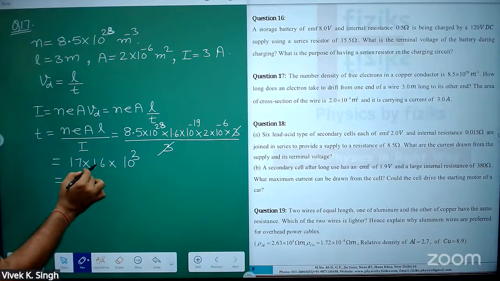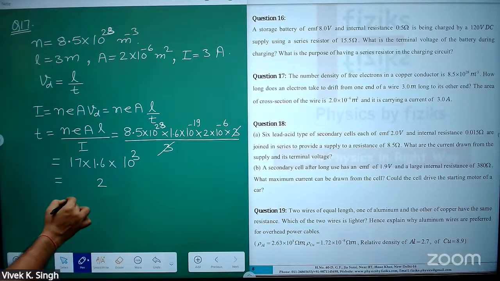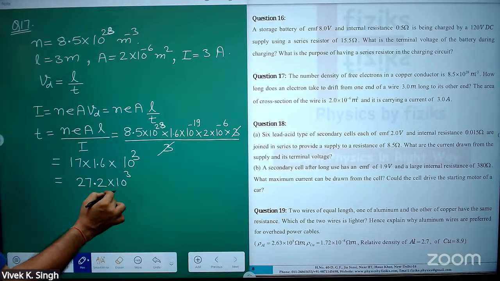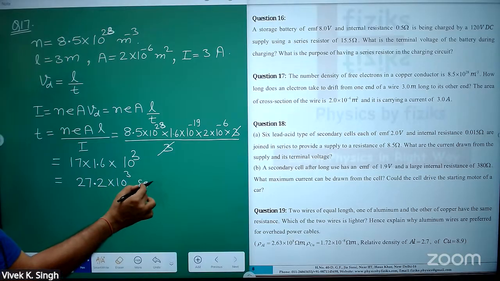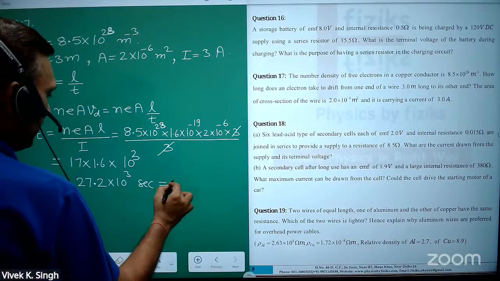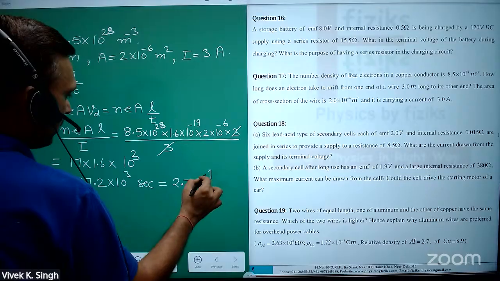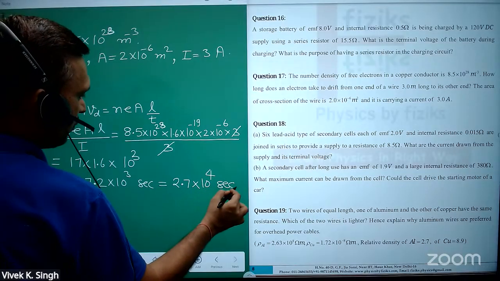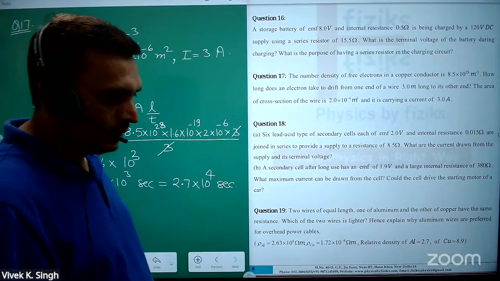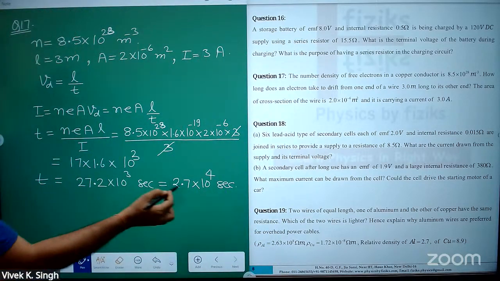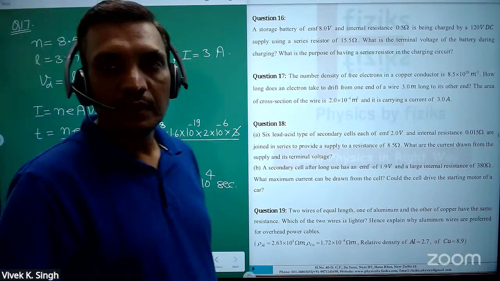So if you multiply it, 27 this much second, or this will be given by 2.7 into 10 to power 4 second. This will be the time if they are moving with drift velocity. So that is question number 17.